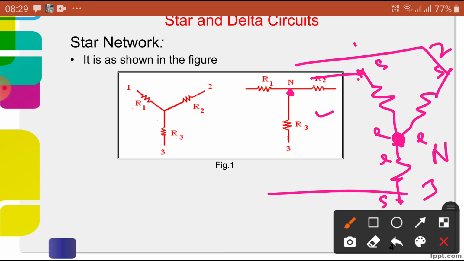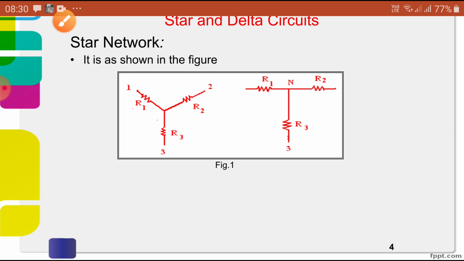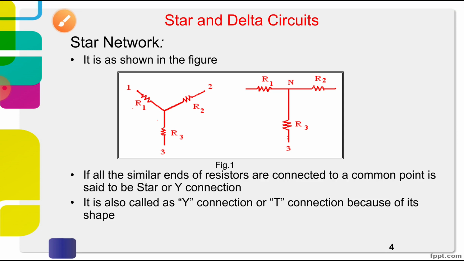If all the similar ends of resistors are connected to a common point, it is said to be a star connection. It is also called a star connection or T connection because of its physical shape, an alphabetic T shape.